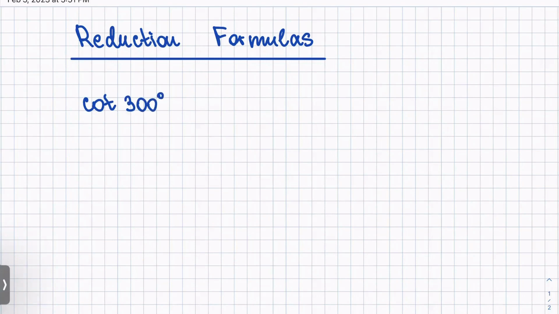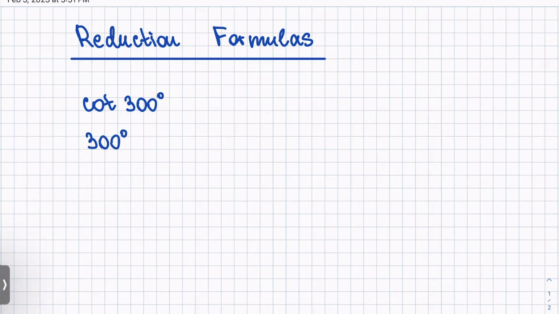How can you tell immediately what the value of cotangent 300 degrees is? We do not know. Even the table of standard angles doesn't give us this information.